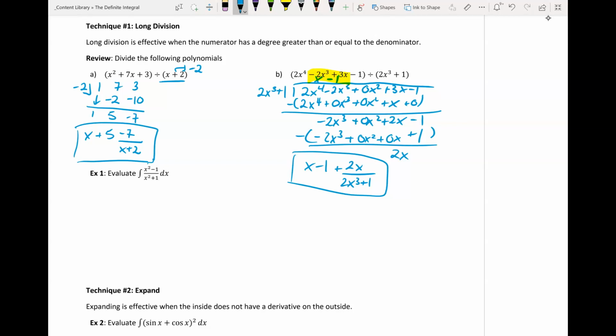We're not going to use synthetic division because we have an x squared plus 1. I'm going to use long division to see if I can rewrite this integral so it's easier to integrate. I'm again going to put placeholders in.